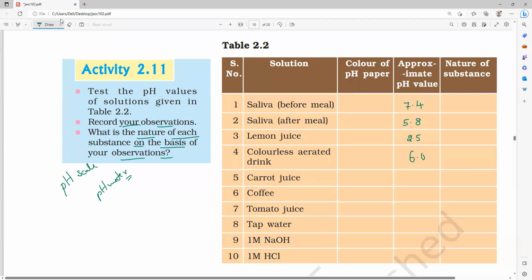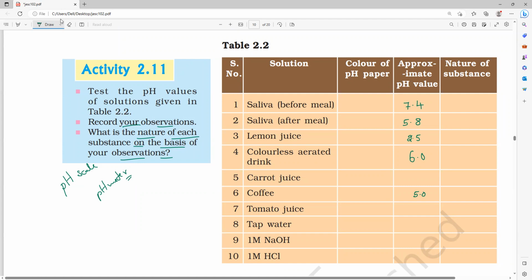What is the carrot juice? Any one of you? Okay. So coffee. Let me wait, I'll check it. Coffee pH value is 5. Okay. Tomato juice. Is tomato juice acidic in nature or basic in nature?